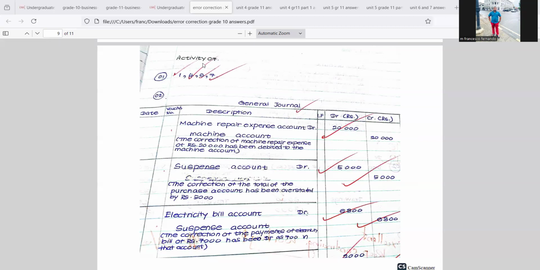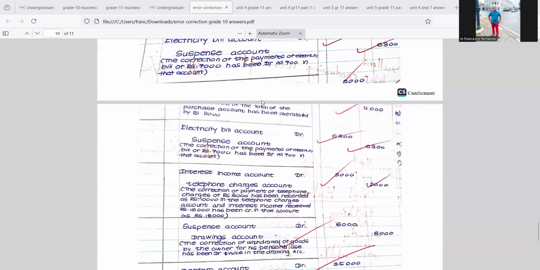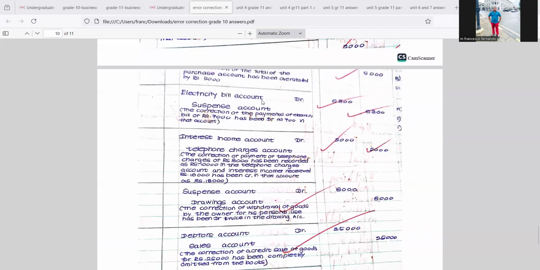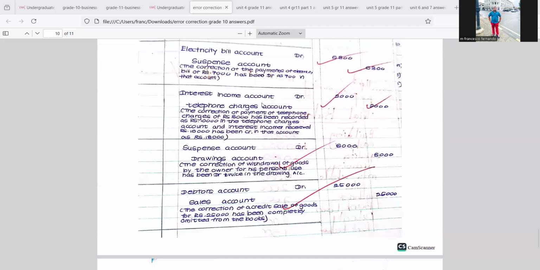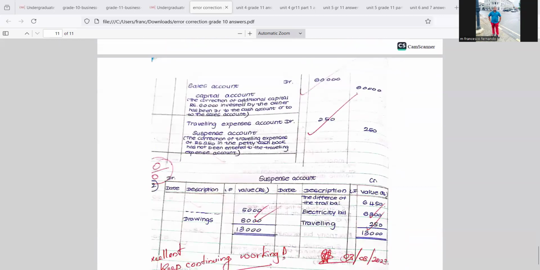Where they have asked what are the transactions affecting the agreement of trial balance and not affecting the agreement of trial balance. So this is the answer for activity 7. This is the general journal. And this is the suspense account.